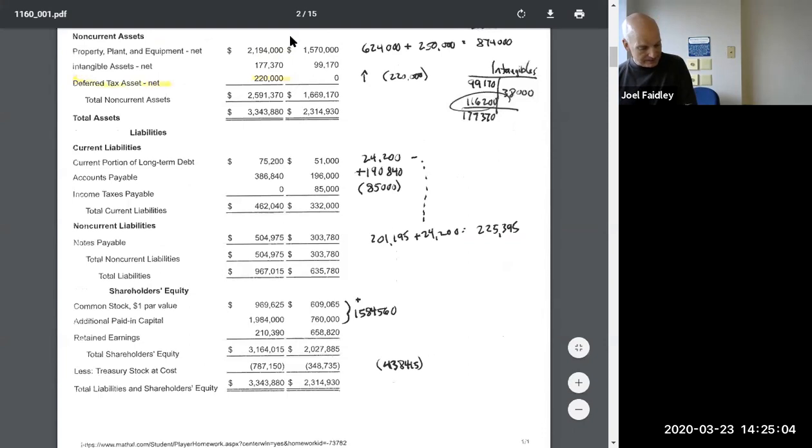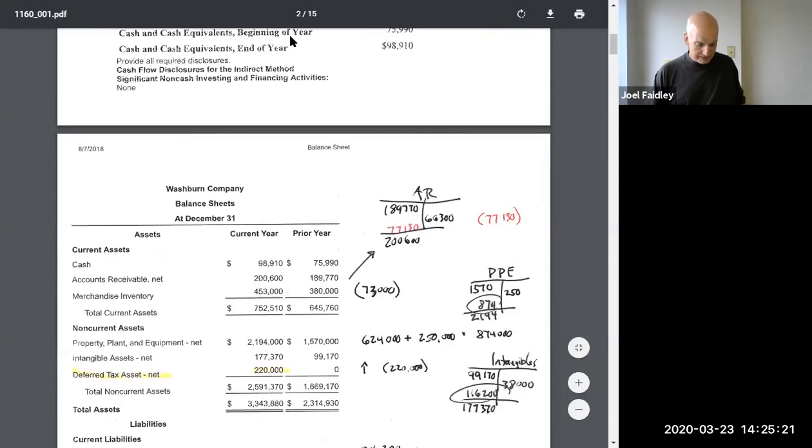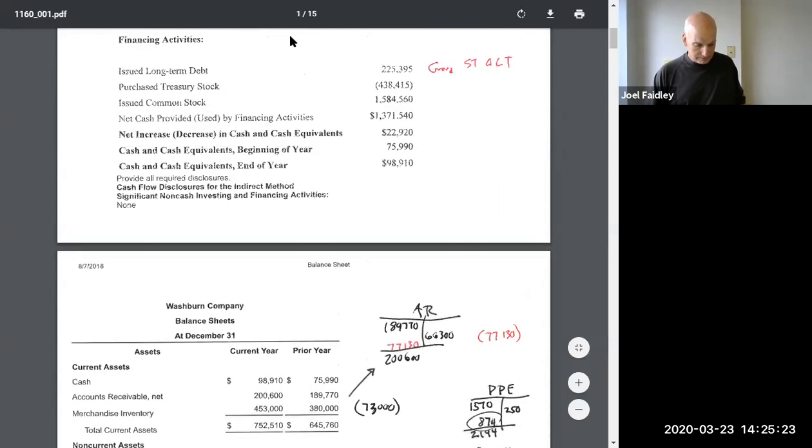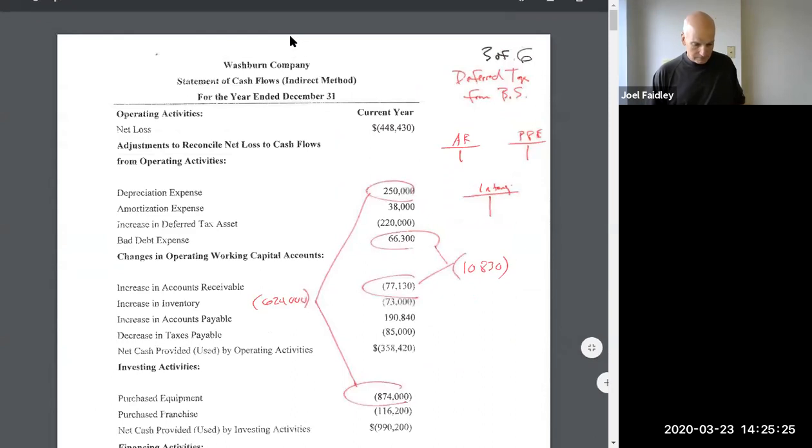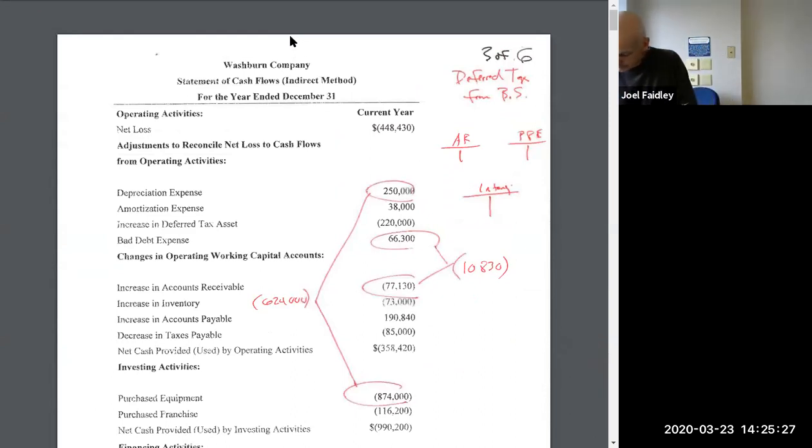So if your beginning balance of retained earnings is 658,820, and it says the ending balance is 210,390, and my net income was how much? 448,430.